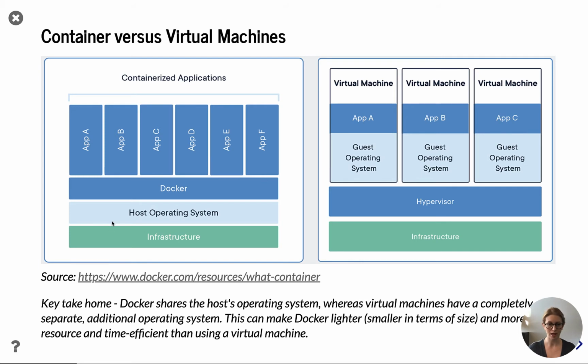So we have our laptop infrastructure, and then we have your host operating system. So this would be like my Mac operating system. And then on top of that, I've got Docker installed. And then inside of one of these squares represents the container software. That container software would have things like operating system packages for Linux, because I'm mostly running Linux containers, but it doesn't have to have the Linux operating system.